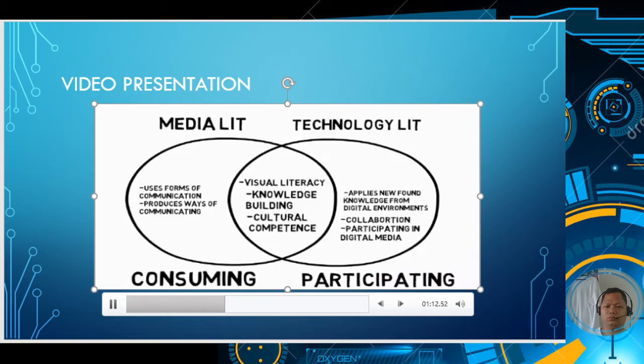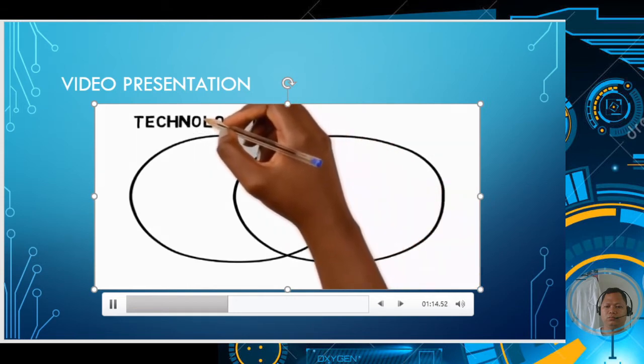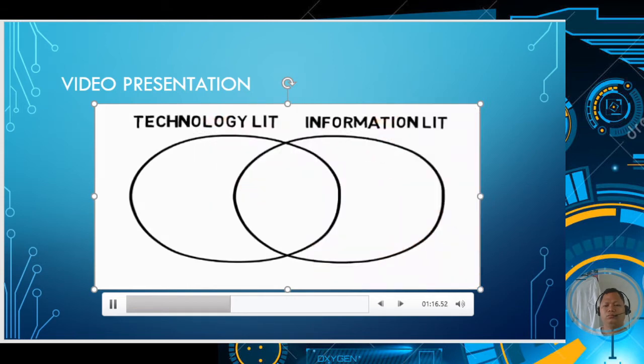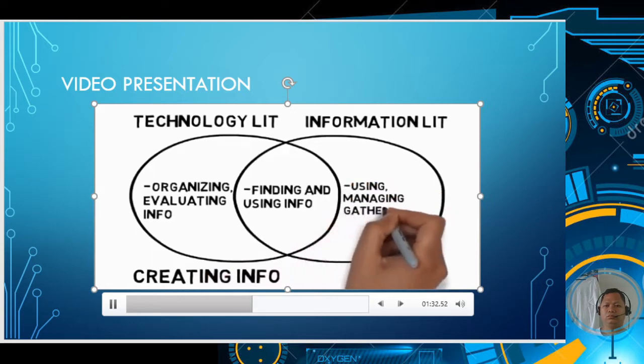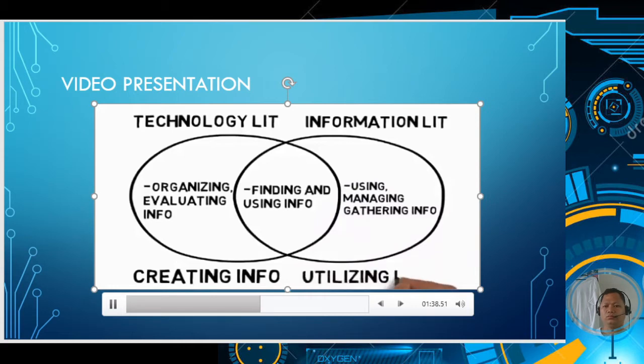In both information and technology literacy, finding information and using it is what makes them similar to each other. The difference between the two is that technology literacy is more about organizing, evaluating, and creating info, while information literacy is more about using and managing the already created info. Hence, Infolit is more of utilizing info than producing them.